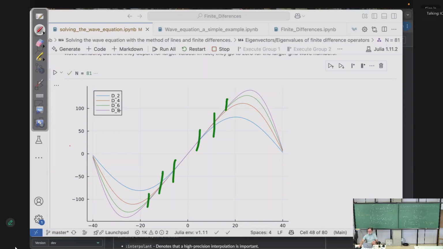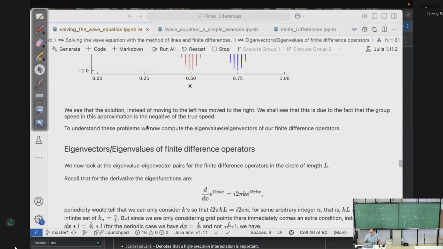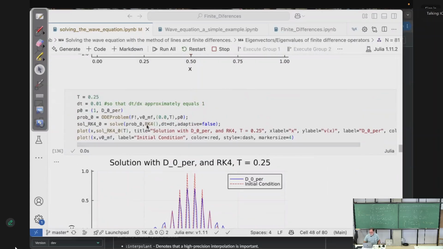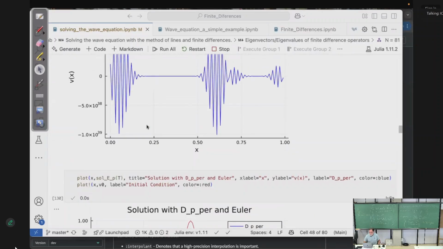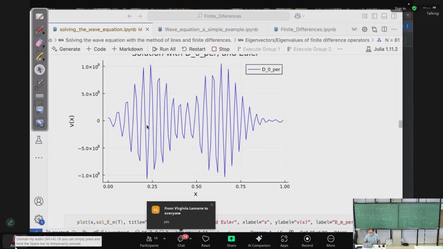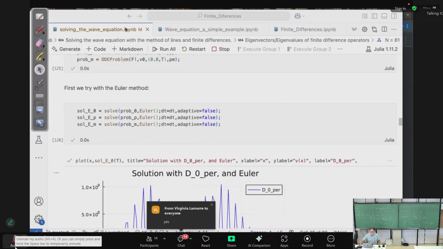Oh, you mean the adaptive? Let me go back. Where we are using adaptive equal to false. Yeah, that means that in this library, most of the methods have some adaptivity.